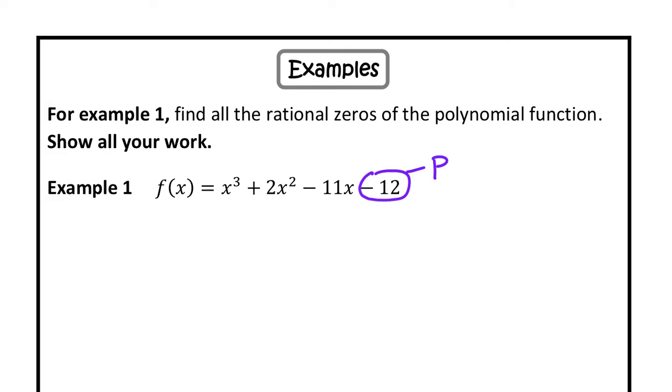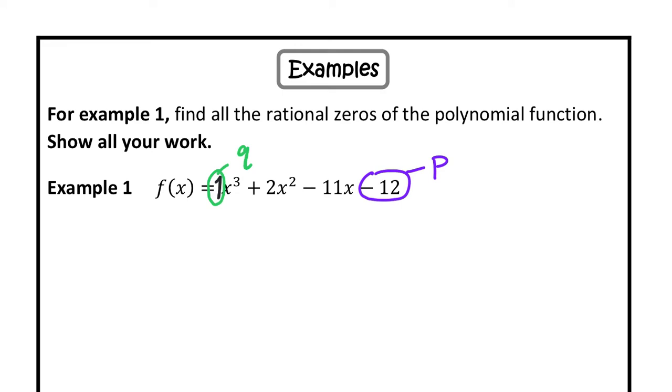And then the Q came from the leading term, the term with the highest power. What's the number in front of x to the third if there's no number written? It's a 1. So this is going to be my Q. So I found the P value, I found the Q value.